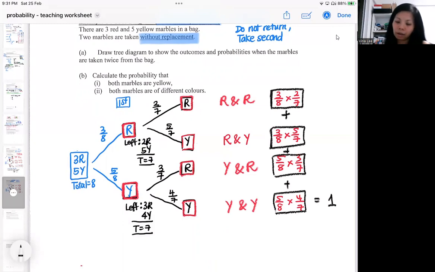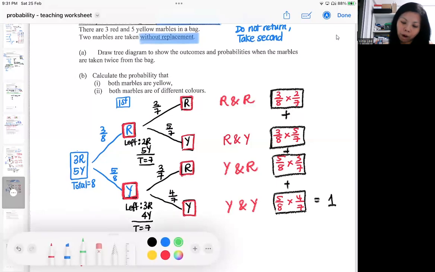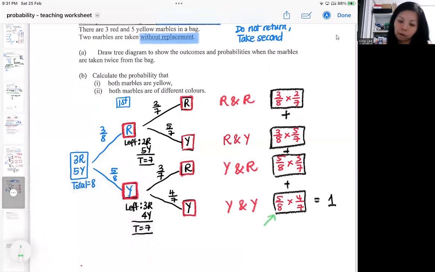So from here, I can answer the question: what is the probability that both are red, both are yellow? This will be the answer for B part 1. And what will be the probability that both are different colors? If you add up these, that will be the probability of B part 2.